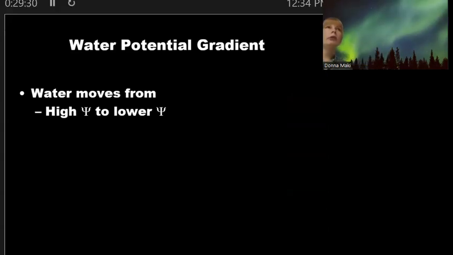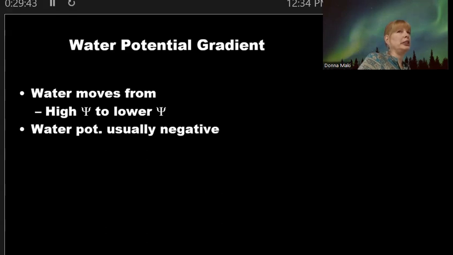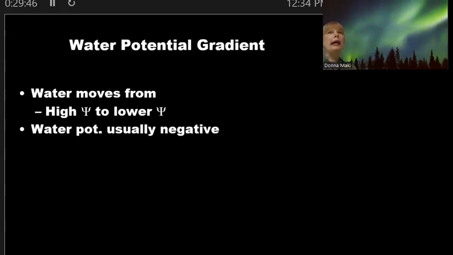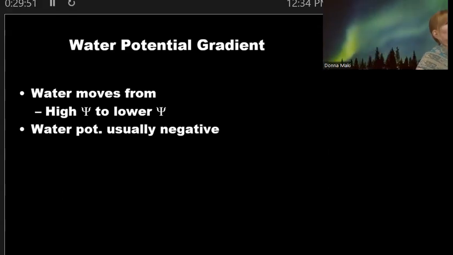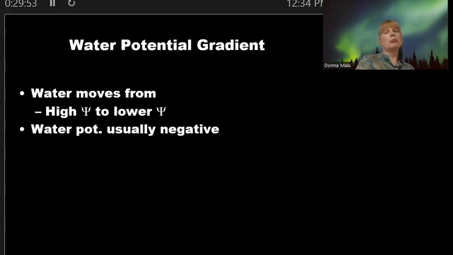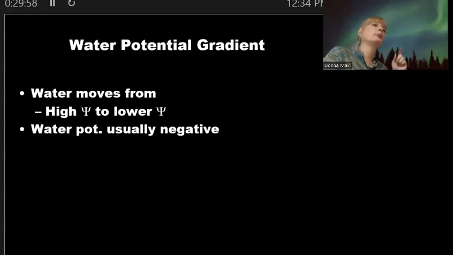However, we're going to find out that in the xylem, when you are looking at water movement, water potential values are actually negative pressure units. So in the plant body, when water is moving through the xylem, it's negative. And I'll talk more about that, all right? So water potential is usually negative. So now you have to switch your brain to the negative scale.